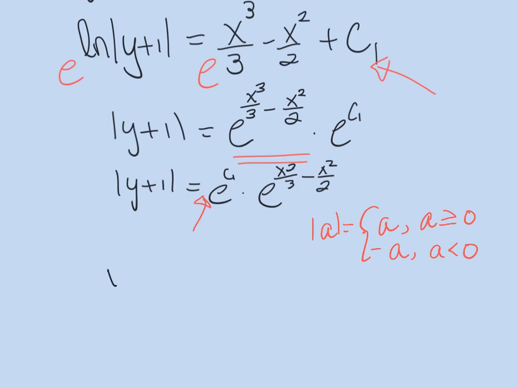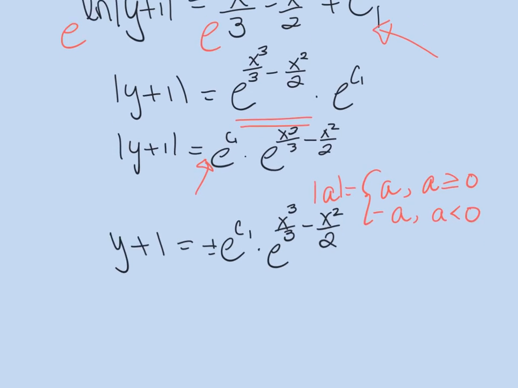So then this becomes y plus 1 is equal to plus or minus e to the c sub 1 times e raised to the x to the 3rd divided by 3 minus x squared divided by 2.